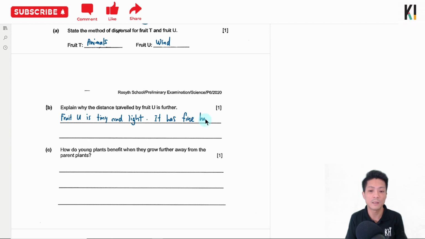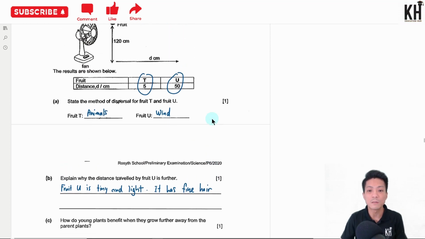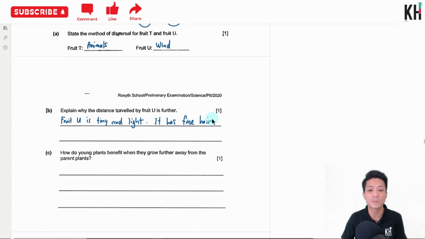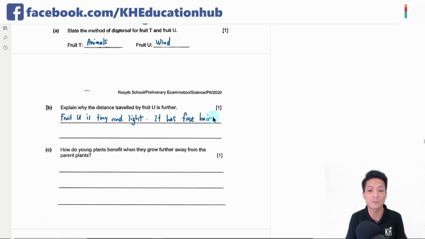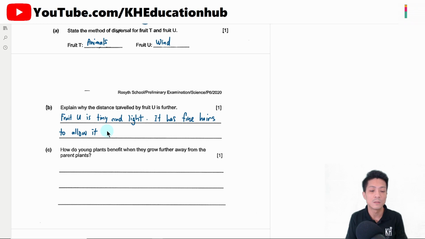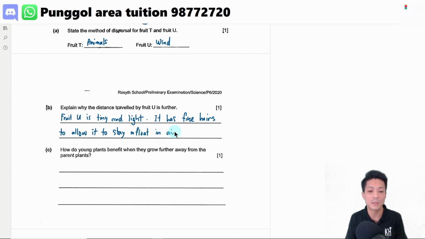It also has fine hairs to allow it to stay put in air for a longer time.